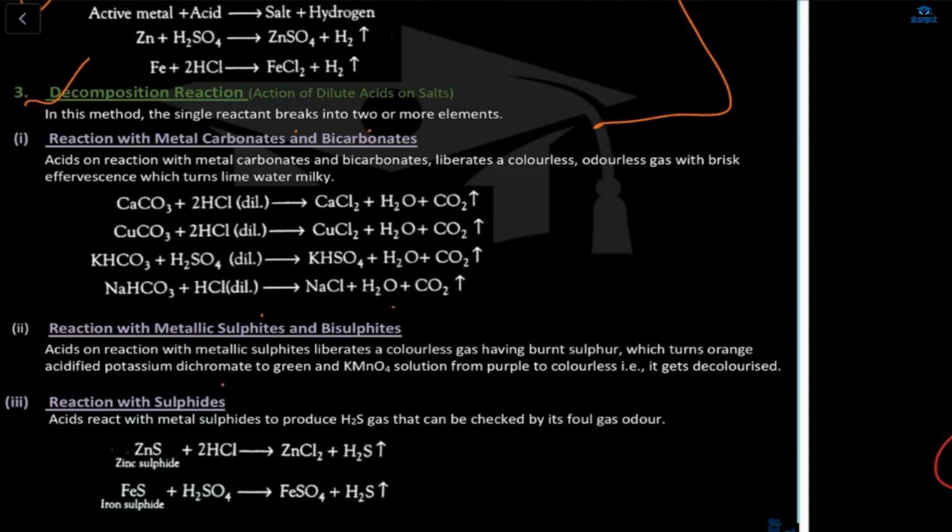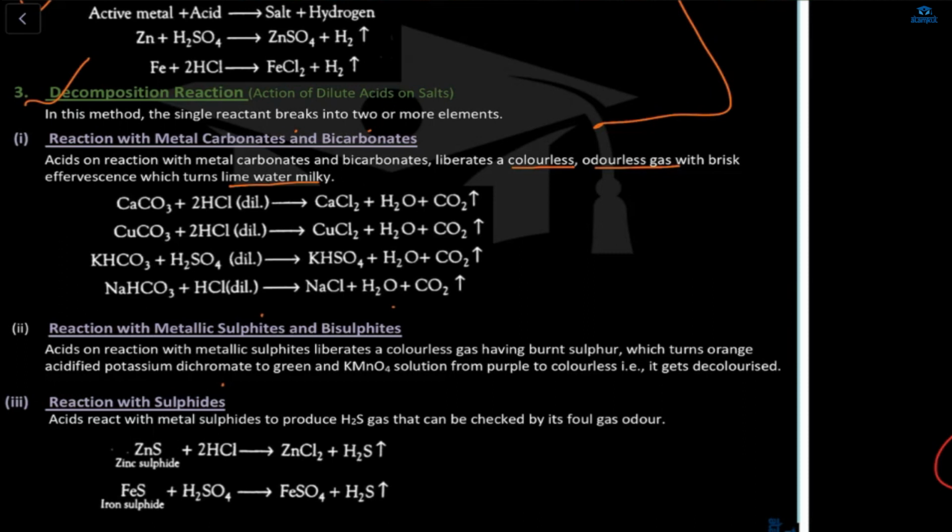So when acid reacts with a metal carbonate and bicarbonate, what will happen? It will liberate a colorless and odorless gas, which will turn lime water milky.